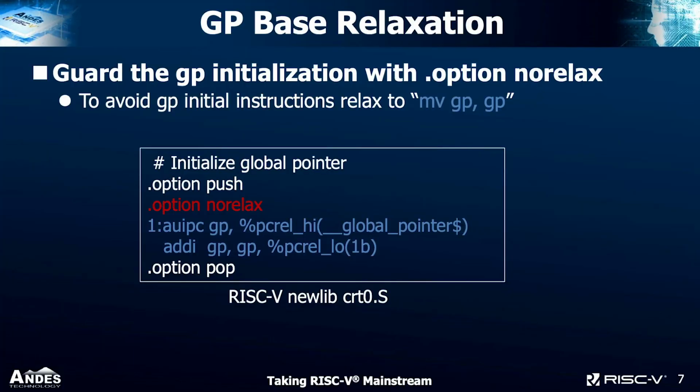There are GP initial instructions in RISC-V newlib crt0, which will assign the global pointer symbol to the GP register. The initialization has to be guarded with the norelax directive to disable relaxation. Otherwise, it will relax to a GP move to GP instead of assigning the symbol value to the GP register.